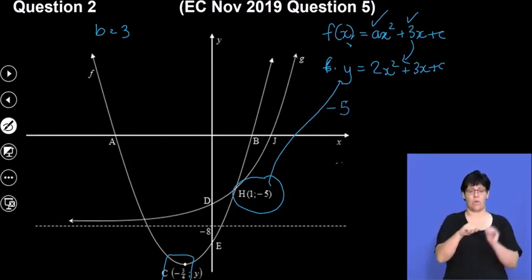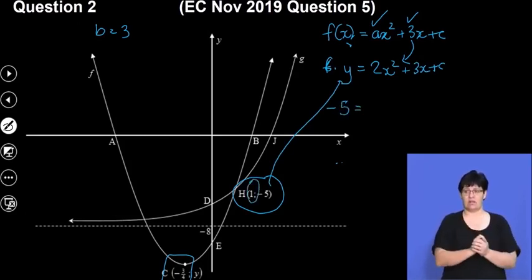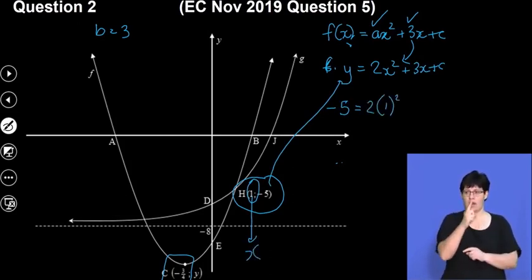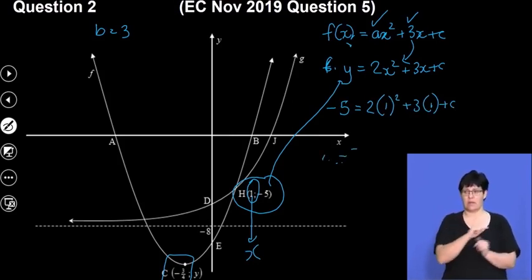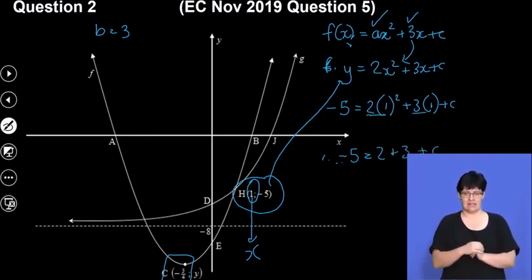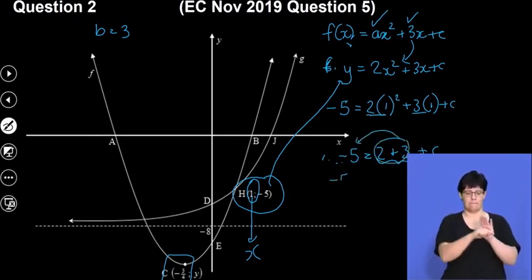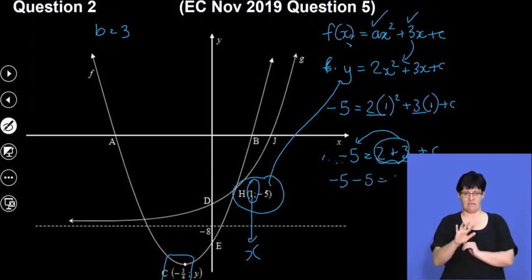So minus 5 is equal to, and I'm going to sub that 1 into all the values of x. So it's 2 times 1 squared plus 3 times 1 plus c. So therefore, minus 5 is equal to 2 plus 3 plus c. This gives me 5, which I'm going to take to the other side. So I'm going to have minus 5 is equal to c. Therefore, C is equal to negative 10.